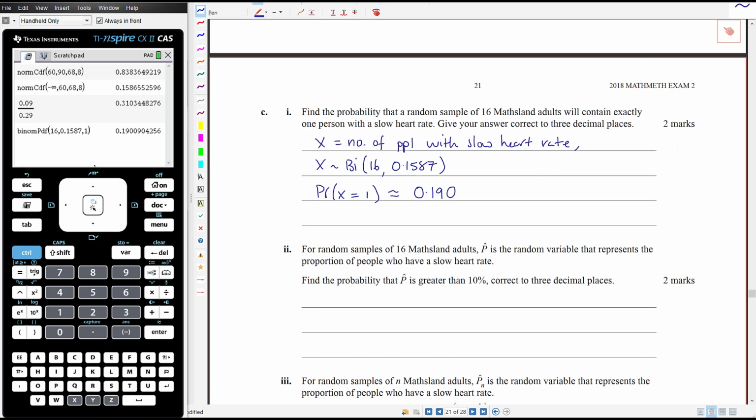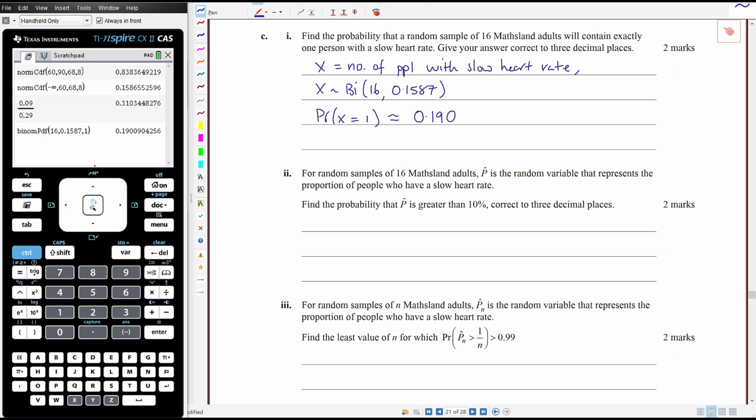Part 2. For random samples of 16 Mathsland adults, p hat is the random variable that describes the proportion of people who have a slow heart rate. Find the probability that p hat is greater than 10%, correct to 3 decimal places. So p hat is equal to X divided by 16, X being the variable we defined in the previous question.